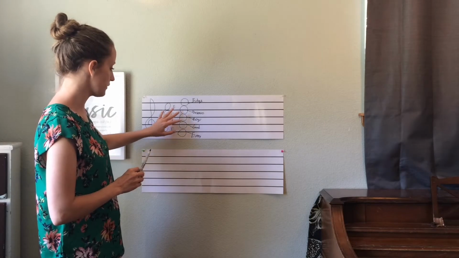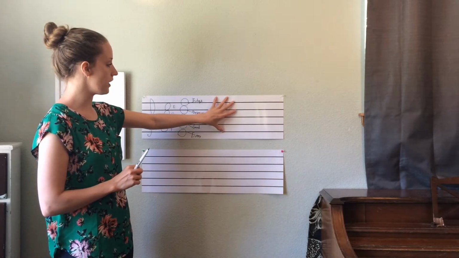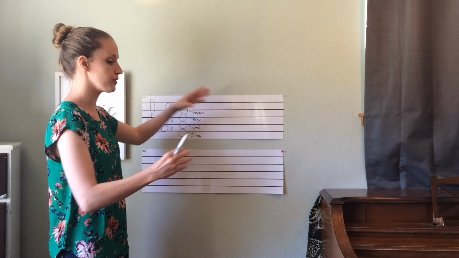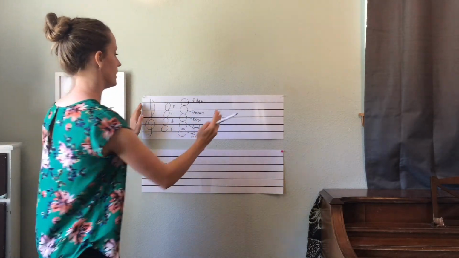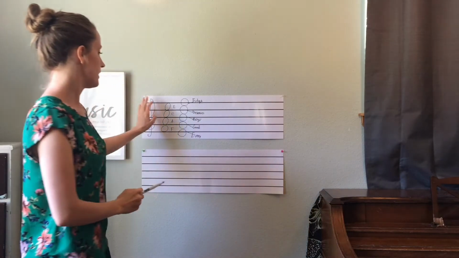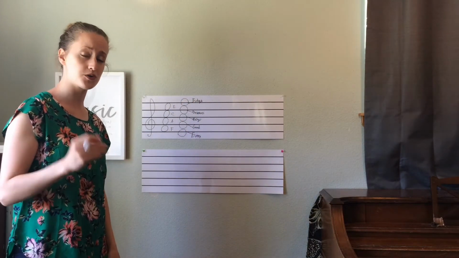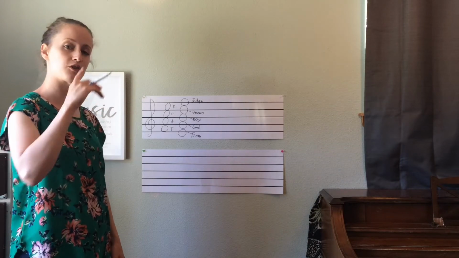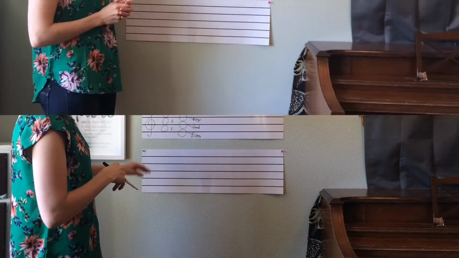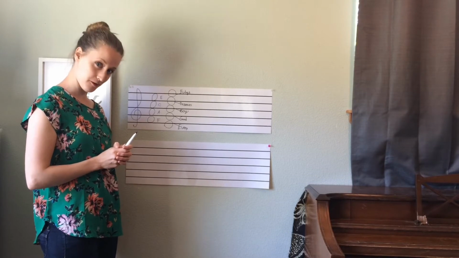So you could color code this, and I would encourage you to take a pretty large piece of paper, just a normal 8.5 by 11, and write this out. Have it on your wall so you can have that visual and see it often, so you're continuing to commit it to memory. Let's go ahead and move on to our bass clef.